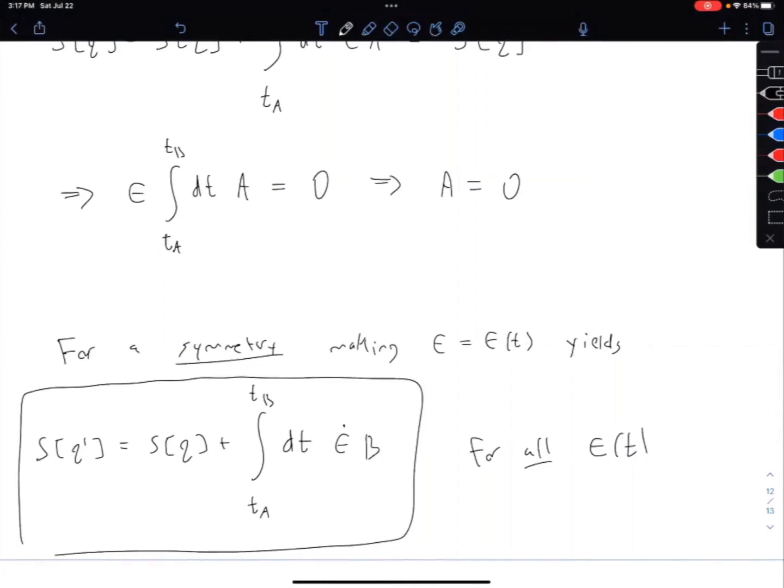Oh, Harmonic is typing. No, it's not. We're not saying that epsilon equals 0 is a symmetry. We're saying that when epsilon is constant, there's a symmetry.